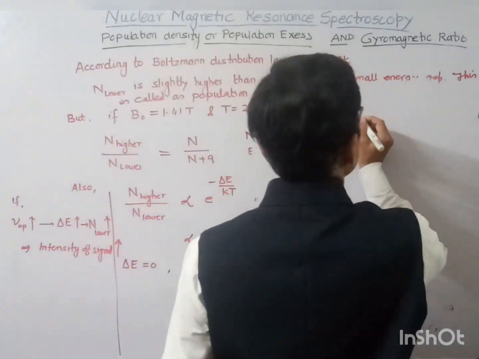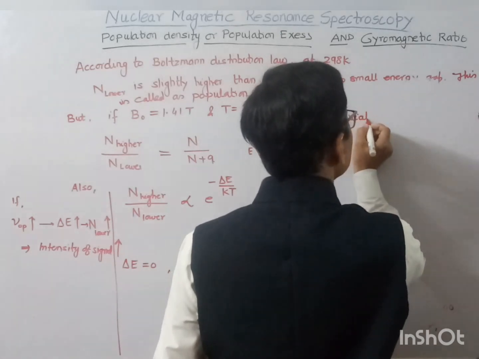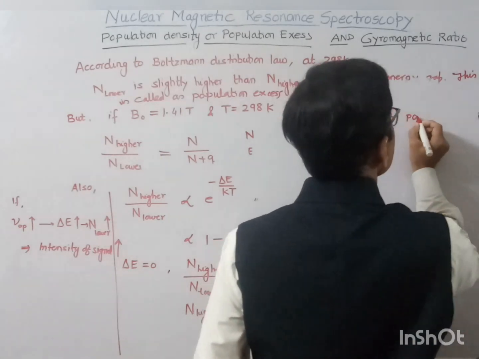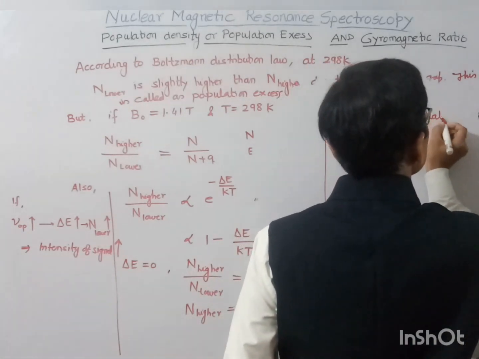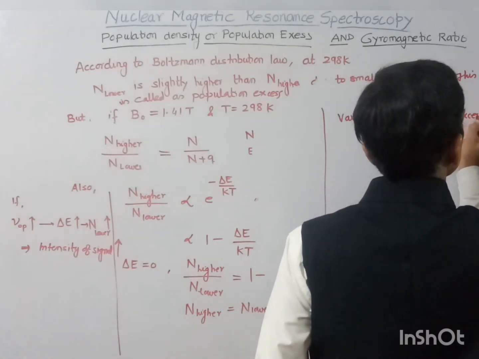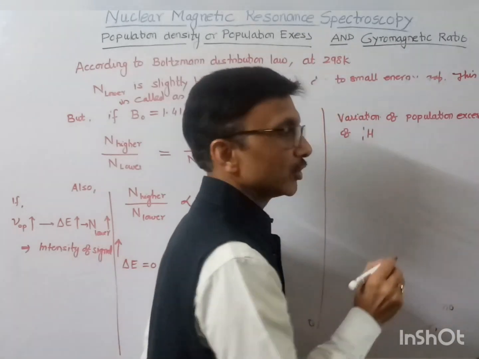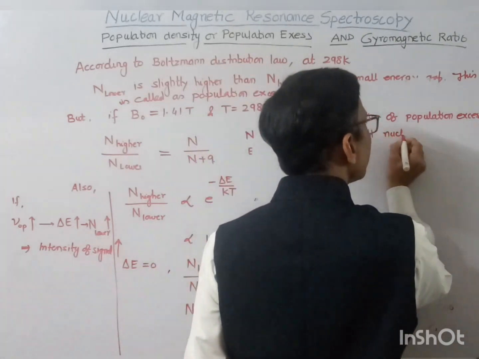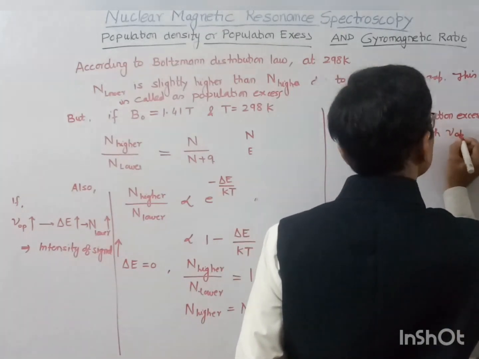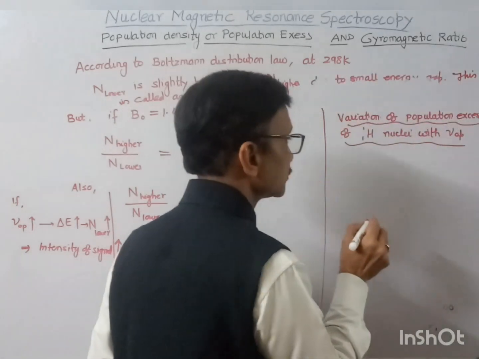You can see the table, the variation of population excess of the 1H proton nuclei with operating frequency. Let us see this variation.